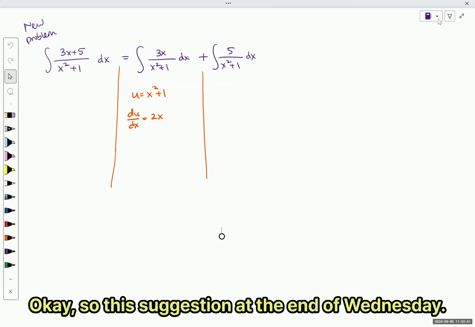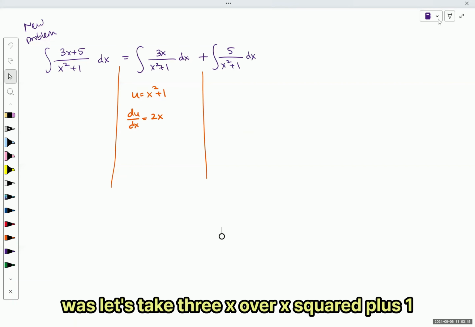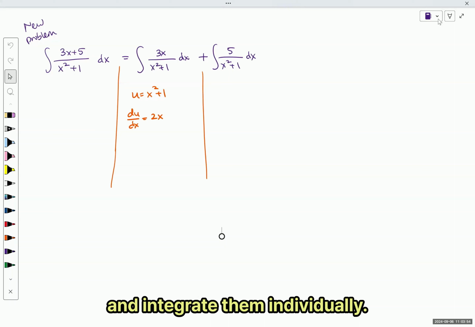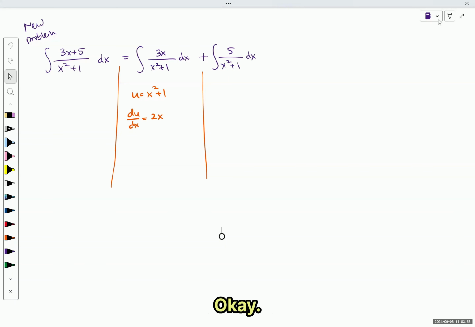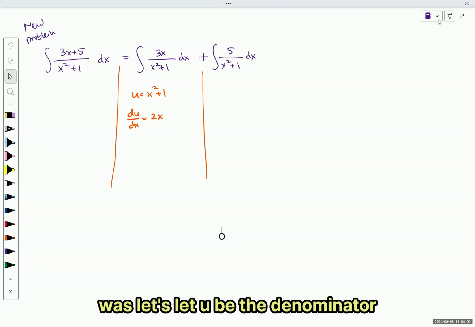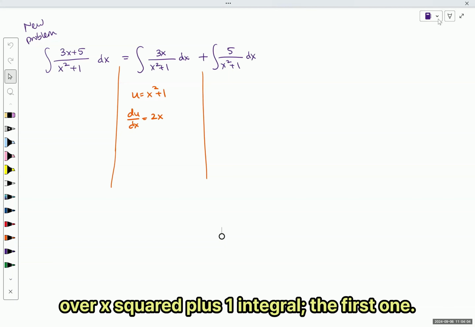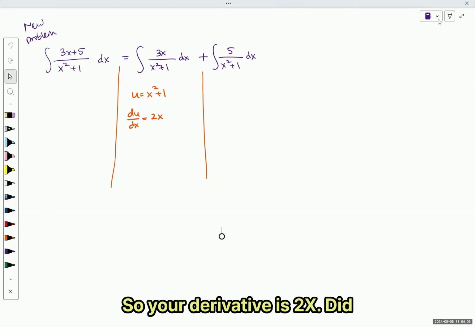So the suggestion was to take 3x over x squared plus 1, and then 5 over x squared plus 1, separate them and integrate them individually. And the suggestion was, let u be the denominator, x squared plus 1, on the first integral, 3x over x squared plus 1. So your derivative is 2x.